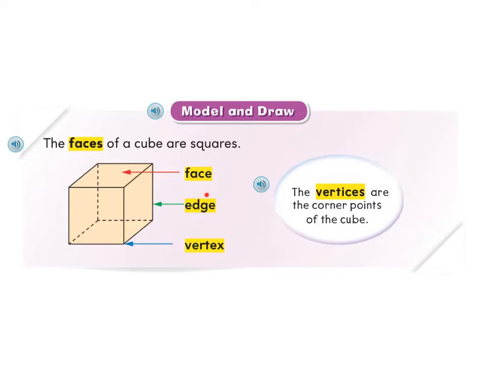The face of a 3D shape is the flat surface on the 3D shape. So the flat surface of a cube, like here, is a square. So this cube has 6 flat faces, or 6 square faces.